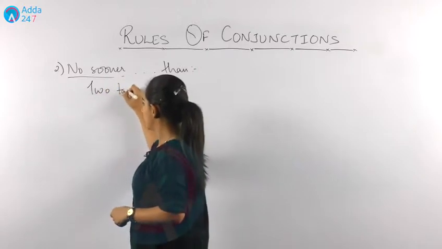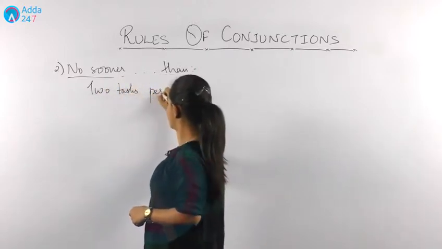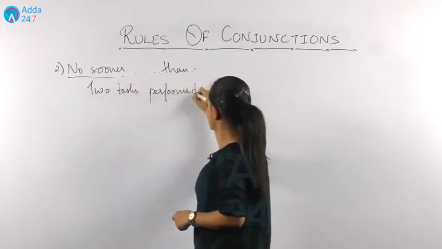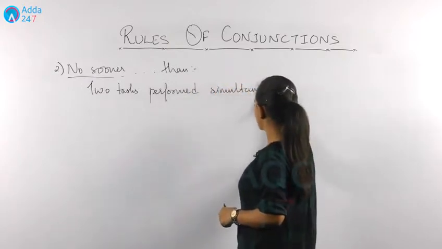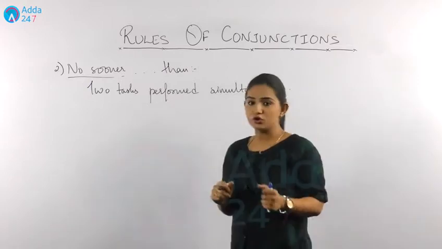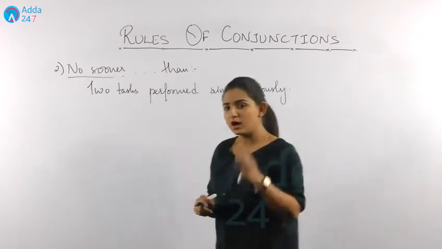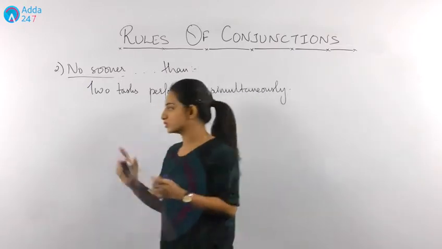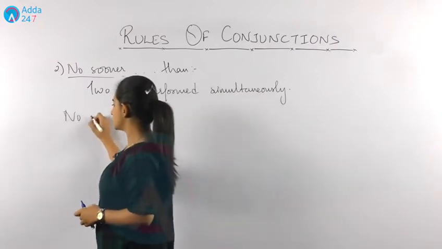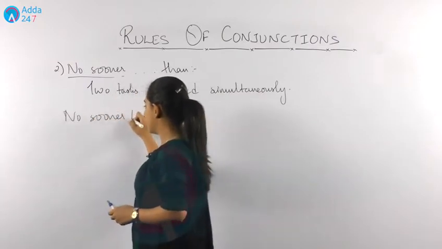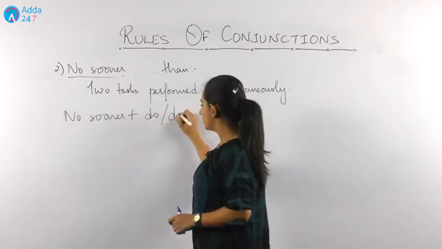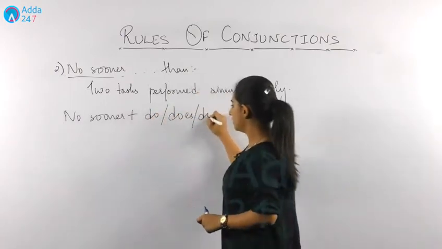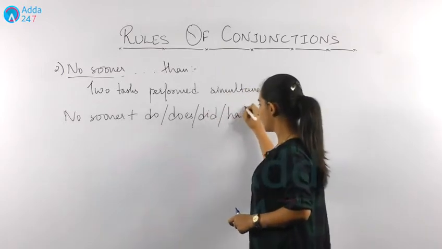Two tasks performed simultaneously. In this condition, what do you use? No sooner than. And what is the sentence structure that we use? The sentence structure that follows is no sooner, and with no sooner, you can write do, does, did, or had.